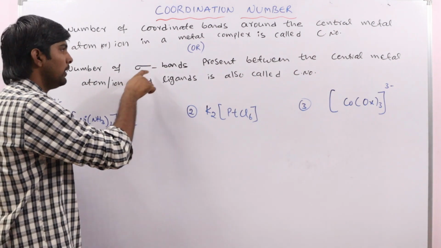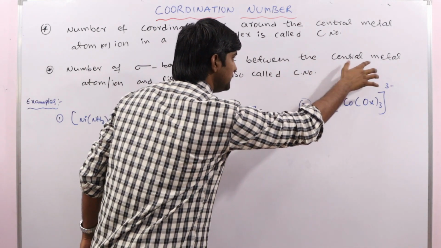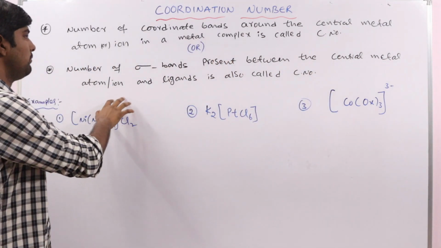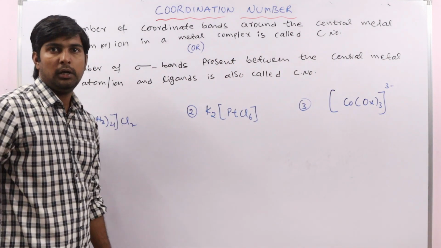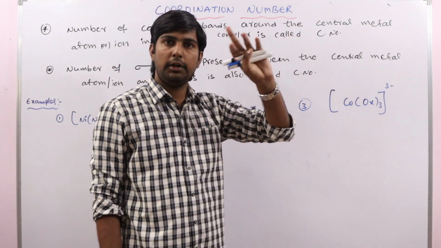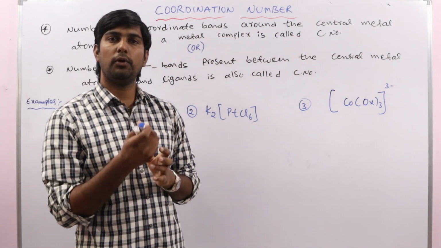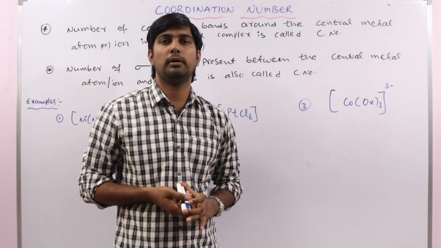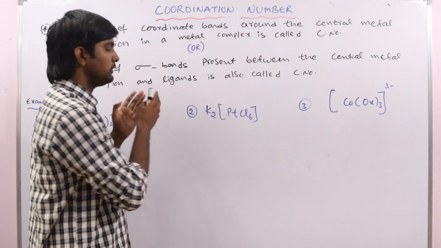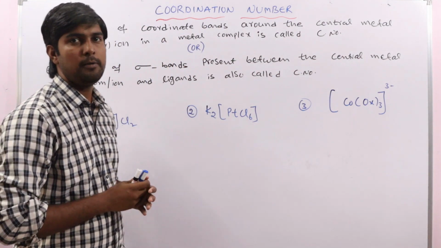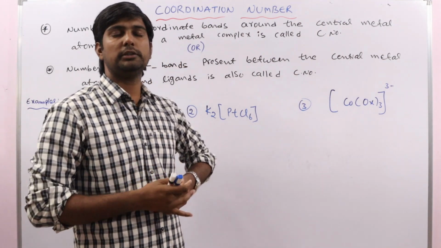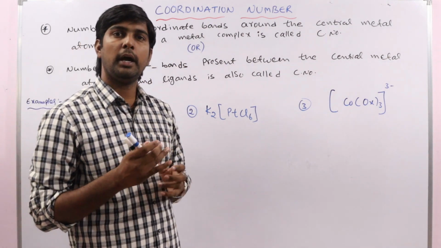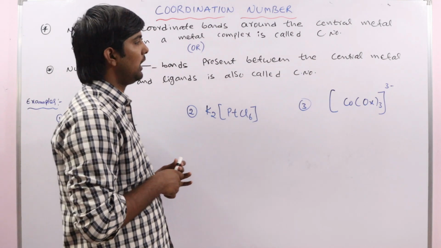Number of sigma bonds present between the central metal atom and ligands. Clear? So we can define it in two ways: number of coordinate bonds around the metal atom, or number of sigma bonds present between the ligands and central metal atom or ion.